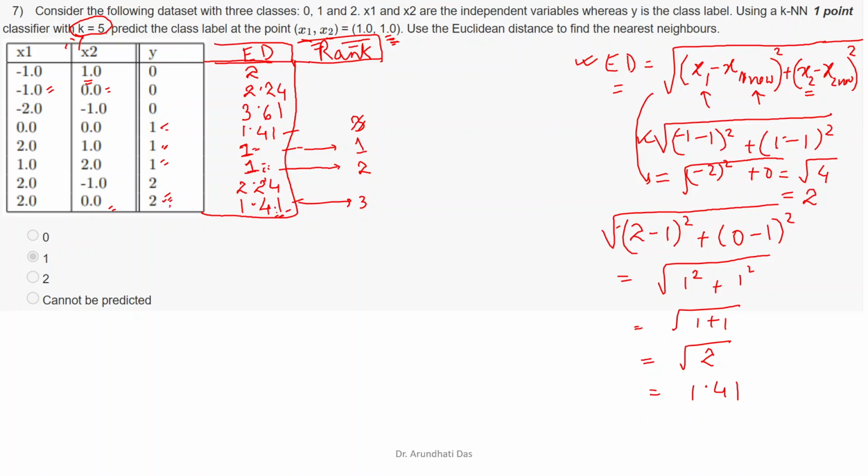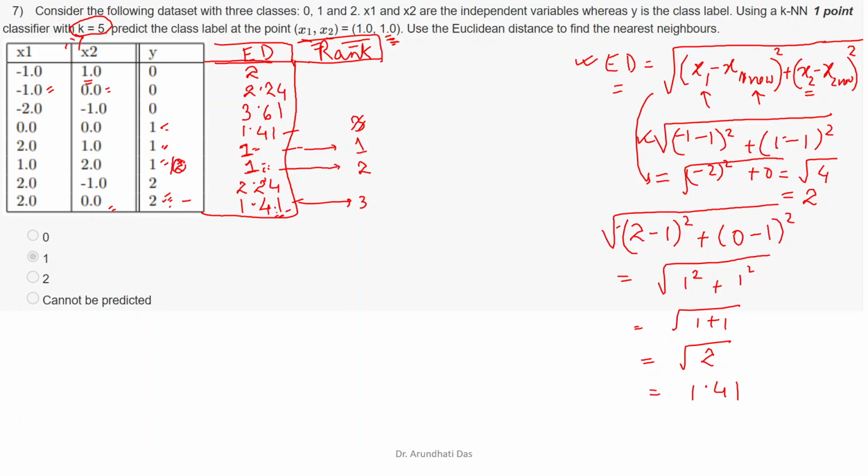At this case also, ultimately the final result will not be affected, because I consider the class level of the majority data points, right? But suppose there is class level 2 here and I consider this one as the third rank, at that point the class level will be affected.